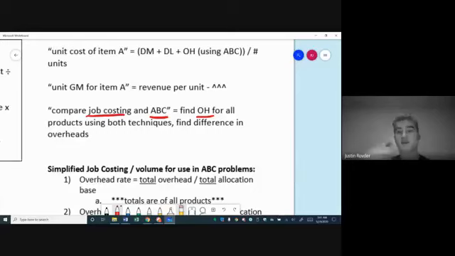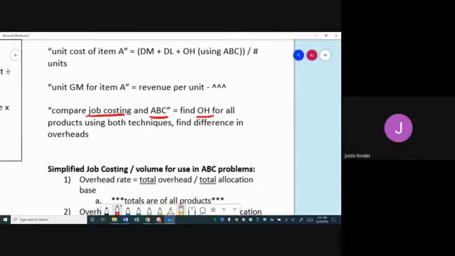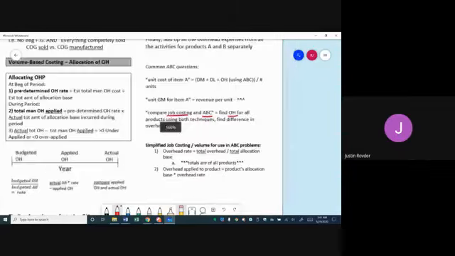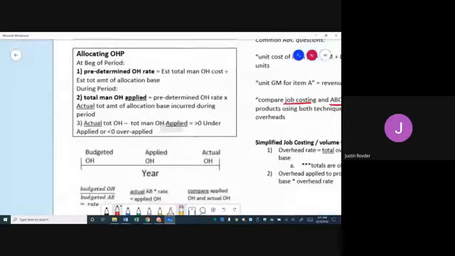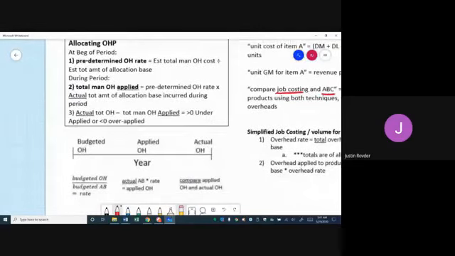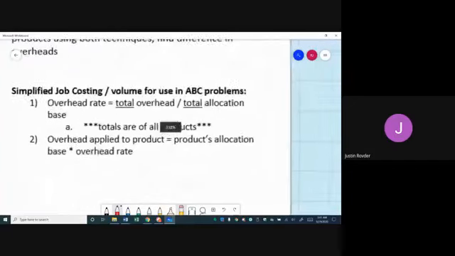Now, one thing to note is that generally within these problems, you don't actually have to go back and do all of these complex steps for job costing. But instead, whenever you need to do the job costing portion, you can use these simplified steps.